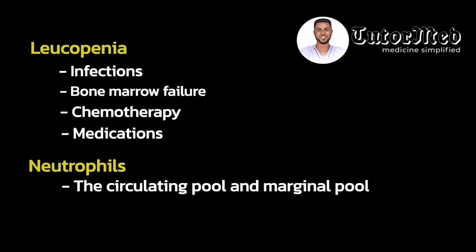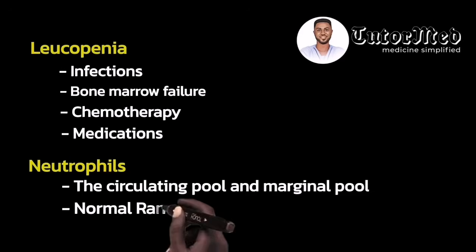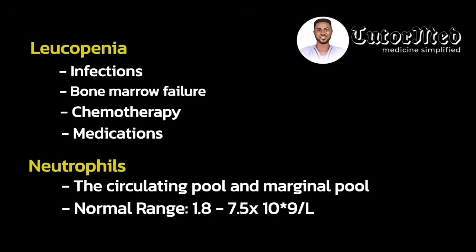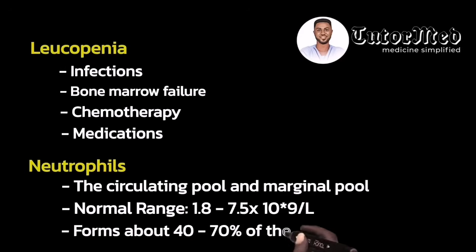The circulating pool contributes to the count we see on the full blood count. The normal range is 1.8 to 7.5 times 10 to the power 9 cells per liter. And neutrophils generally form about 40 to 70% of the white cell population in blood.